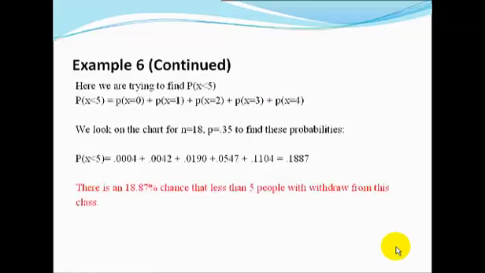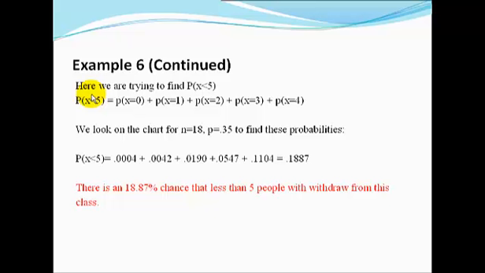Here we are trying to find the probability that less than 5 students withdraw. So we're trying to find the probability that x is less than 5. The sample points x equals 0, x equals 1, x equals 2, x equals 3, and x equals 4 successes are contained in this event. Therefore, we must sum the probabilities of each of those sample points in order to compute the probability that less than 5 students withdraw.